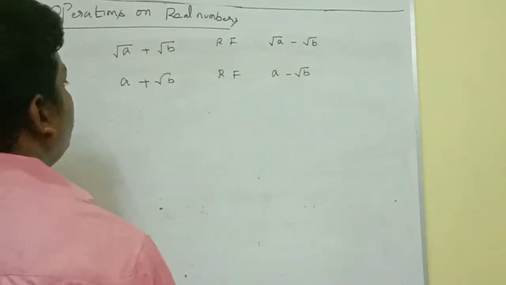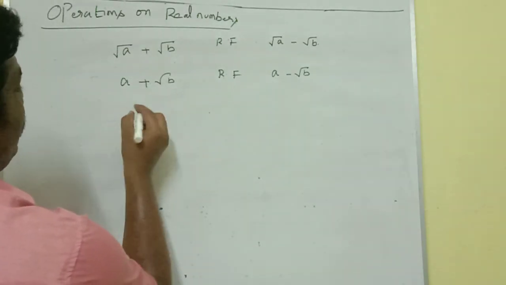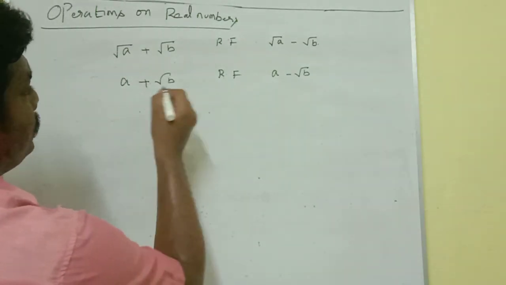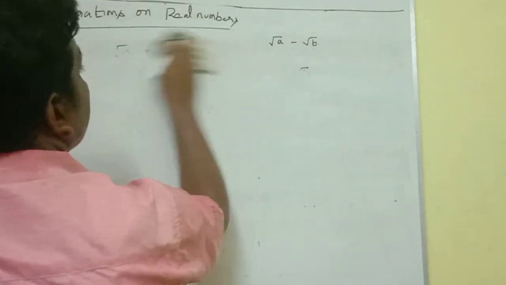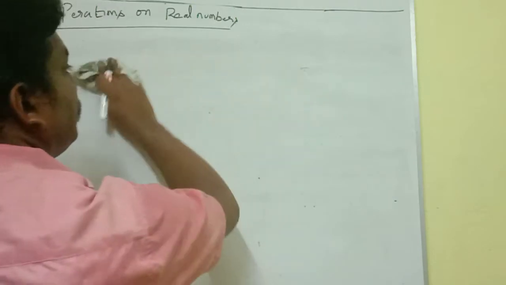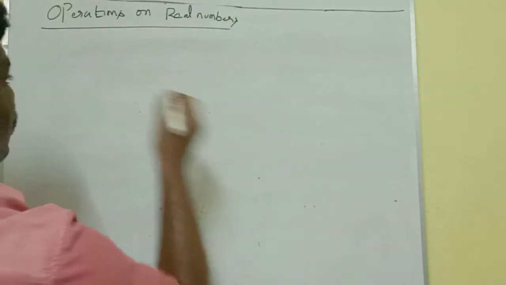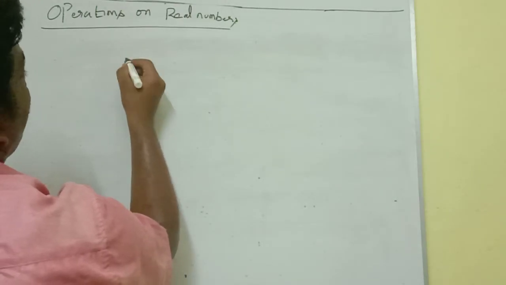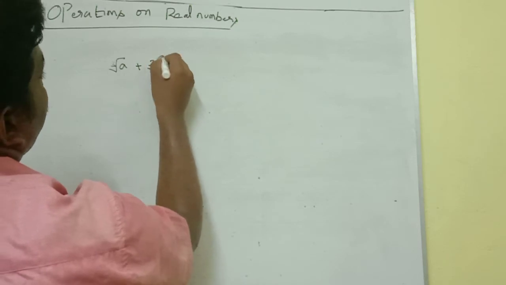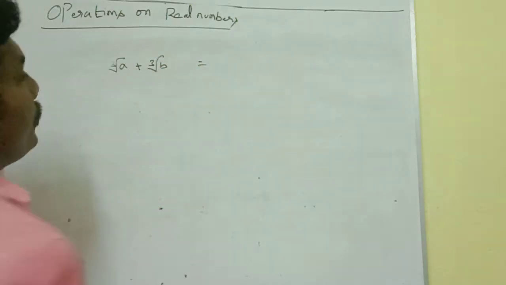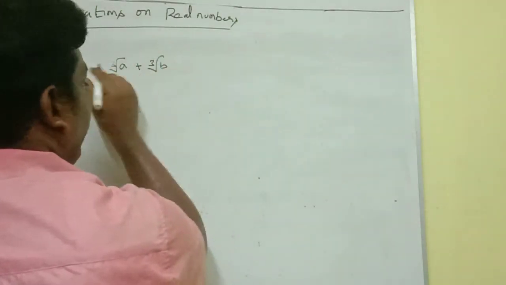So like that we can find all the rationalizing factors. If another irrational number is cubed root a plus cubed root b, this is the given irrational number.